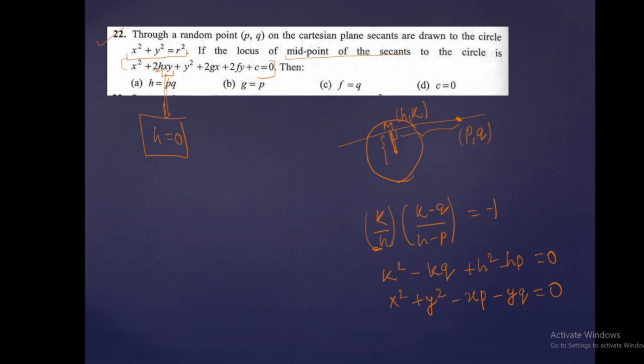So we have 2gx, and here we have basically 2g equal to minus p, and we have 2f equal to minus q, and we have c equal to 0. So c equal to 0 is present here, and you can see that none of the other options are matching because h is also 0. g will be minus p by 2. f will be minus q by 2.